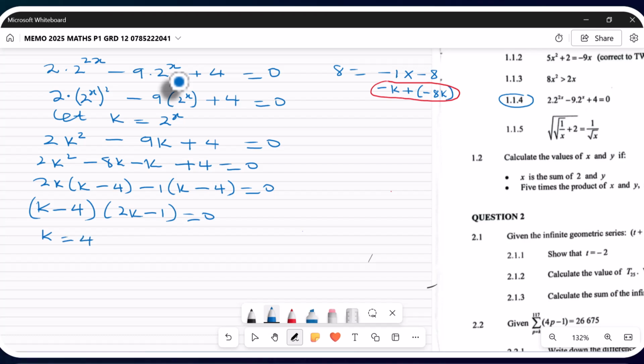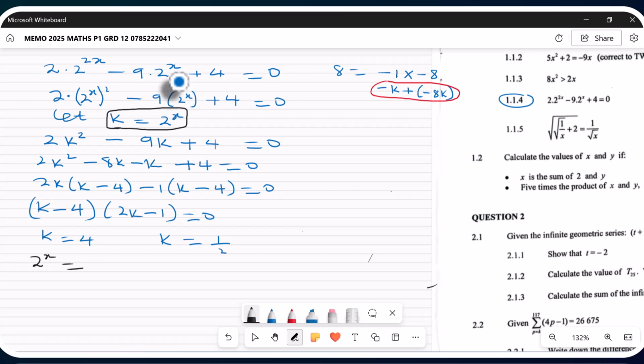So we're going to substitute now. We're going to say that 2 power x equals to 4, or you can say 2 squared, which gives me x as 2, or the k is still 2 power x here, equals to 1 over 2, same as saying it 2 power negative 1. So I get x as negative 1 here.